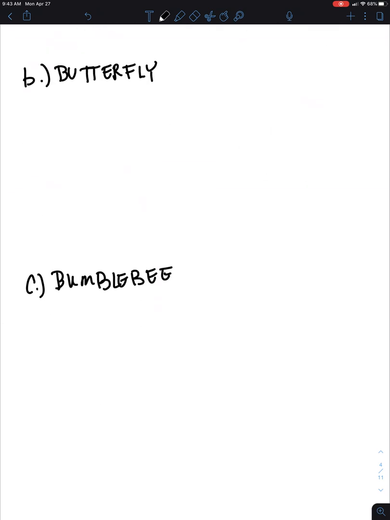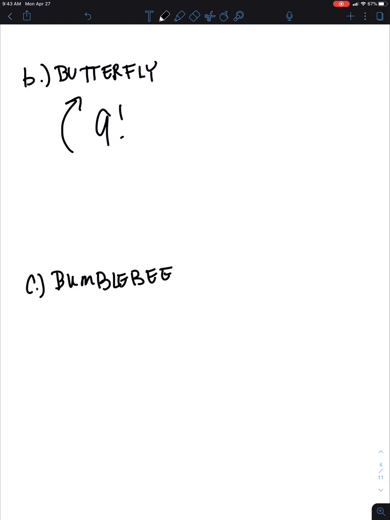Okay, let's try another one. So B, we've got butterfly. Okay, there are also 9 of these, as there's 9 letters, except the 2 T's do not result in a new word.